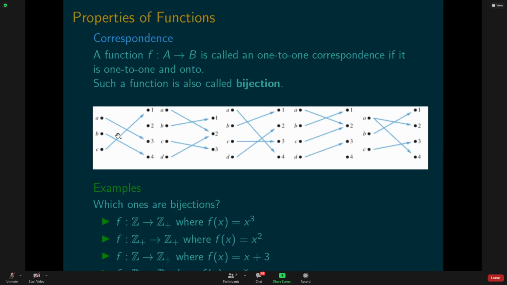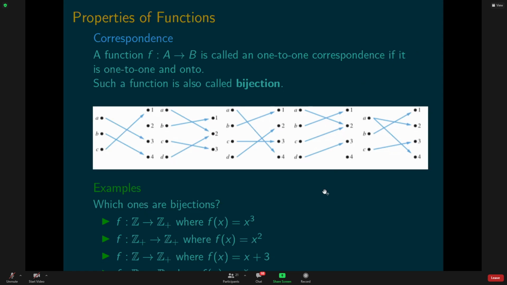So which one of these are bijections? Eren. Emirhan. Fatih. So the third one and the last one, I think.